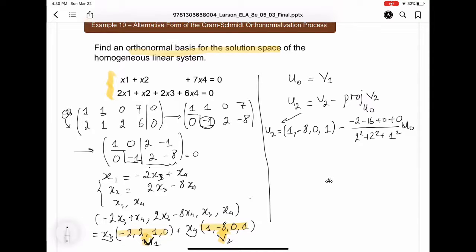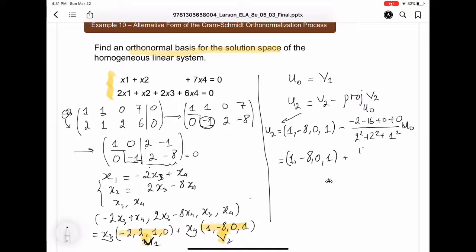Okay, so let me check it. -2, that's good, and then -16, yes. Let's solve this, and then we have the solution in the next slides. I just try to work it out for you. So that is (1, -8, 0, 1) plus. I write plus because we have negative with minus over there.